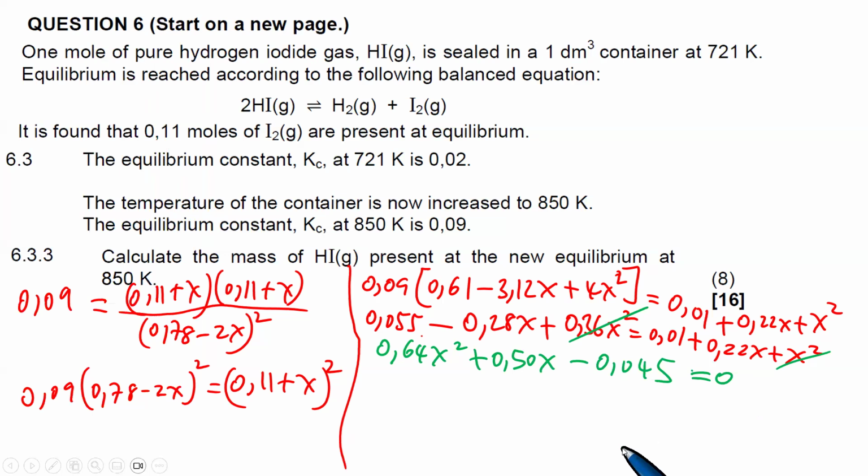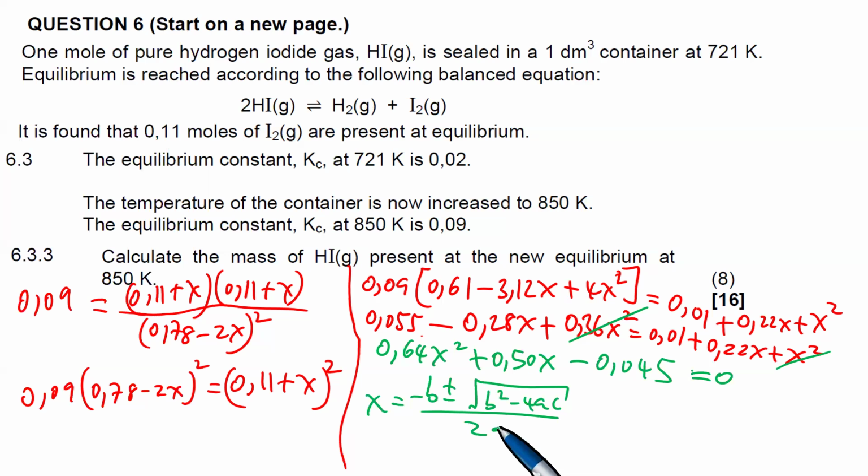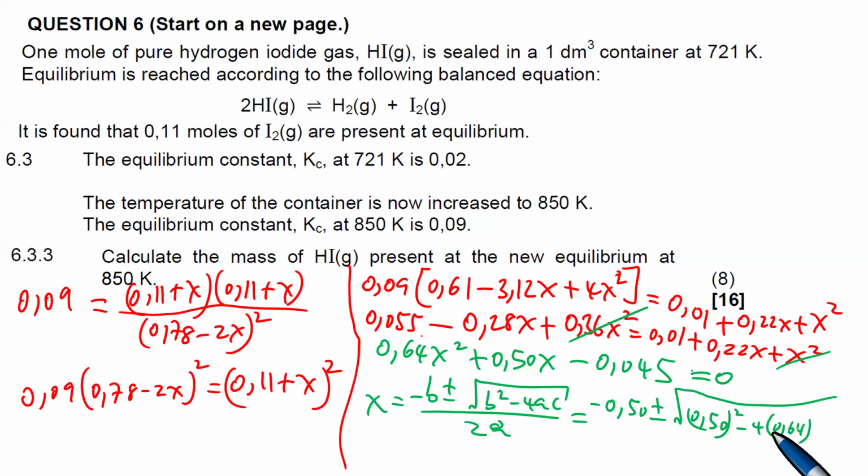Now, this is what we got, and then it's a quadratic. So x is minus b plus or minus the square root of b squared minus 4ac, over 2a. Here b is 0,50, you square it, and a is 0,64.